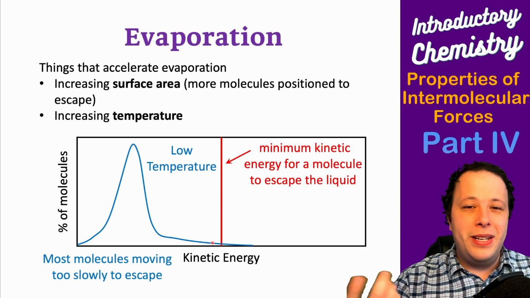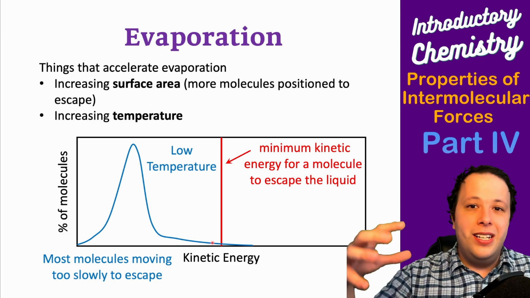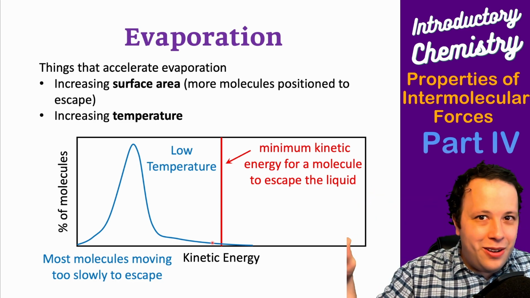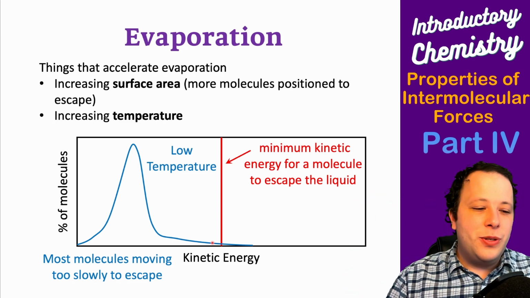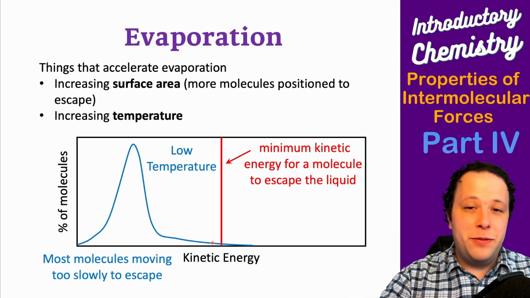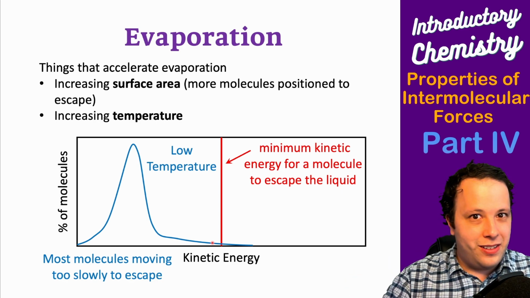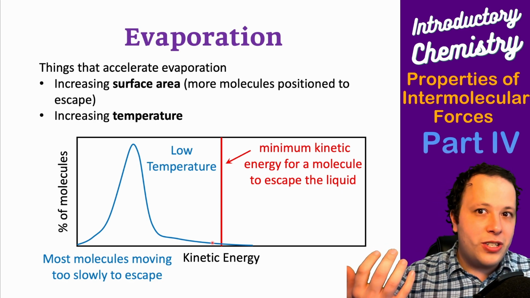So what can accelerate this? Well, is it all clumped together or is it spread out over a big surface? One way to think about this is if you have a glass of water, and let's say you spill water all over the counter, and you put them both next to each other, which one will evaporate first?